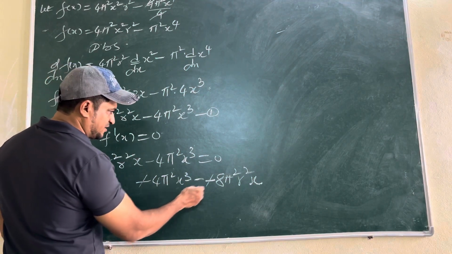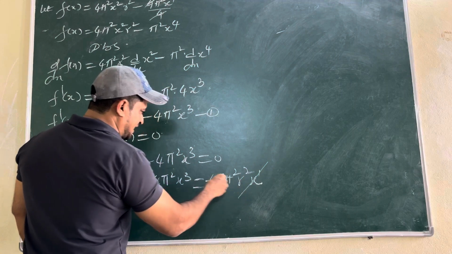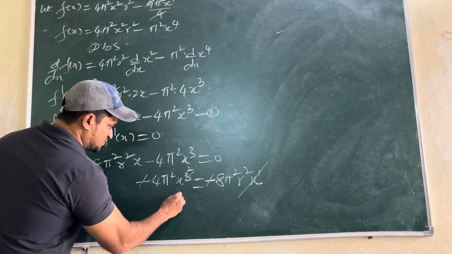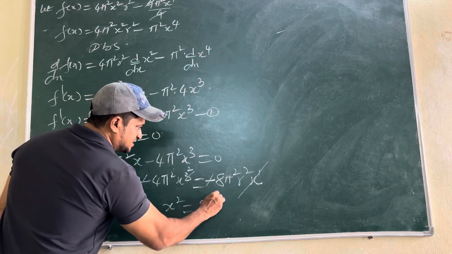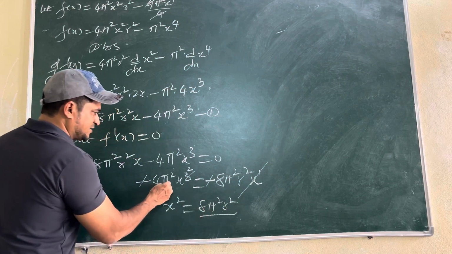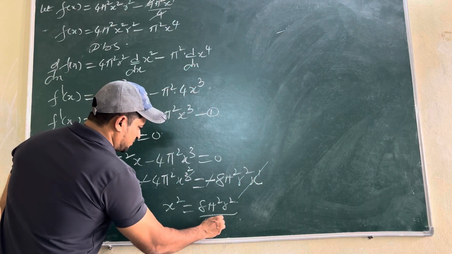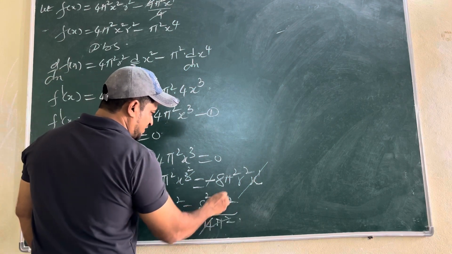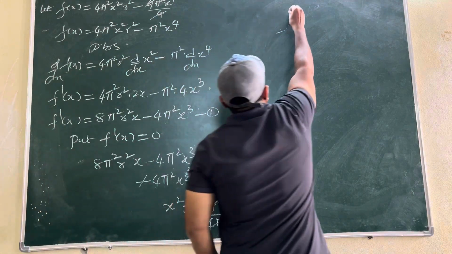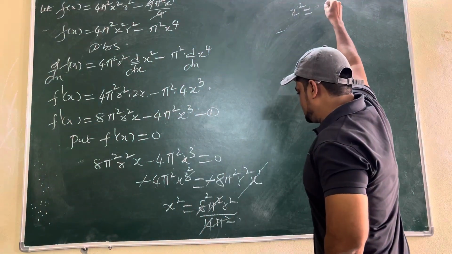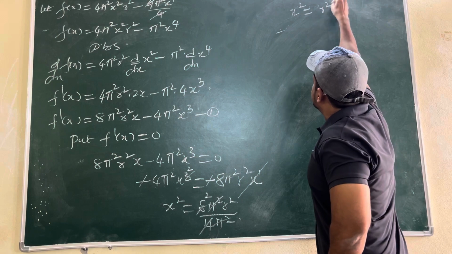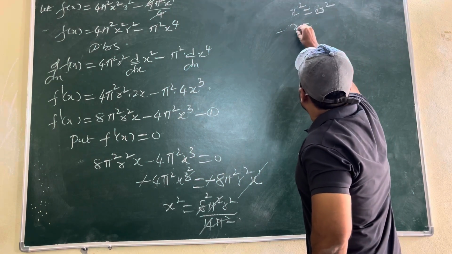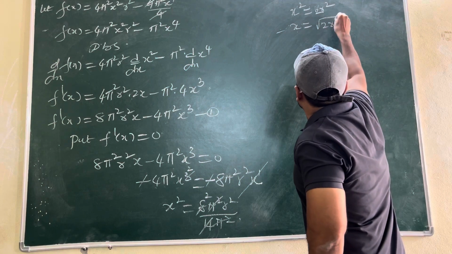One x term is there, x is cancelled, 2x is x square will be there. x square will keep here, 8 pi square r square divided by 4 pi square. 4 2 times, pi square cancelled, x square equals to 2r square. X is equals to root over 2r square.